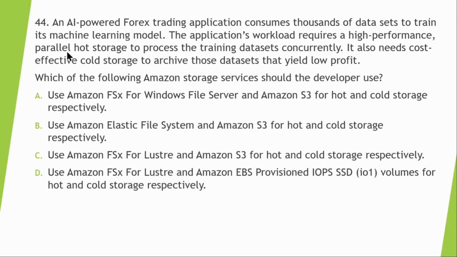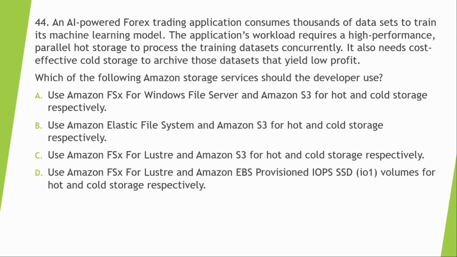So here, first of all, you should understand what is parallel hot storage and what is cold storage. Cold storage means it is archived, and whenever you need it, it should be available within a certain amount of time. According to this question, there are two requirements: high performance parallel hot storage, and cost effective cold storage.